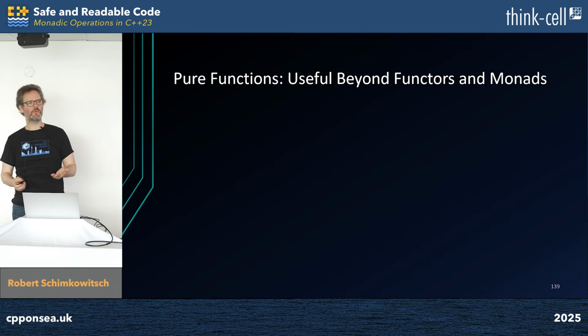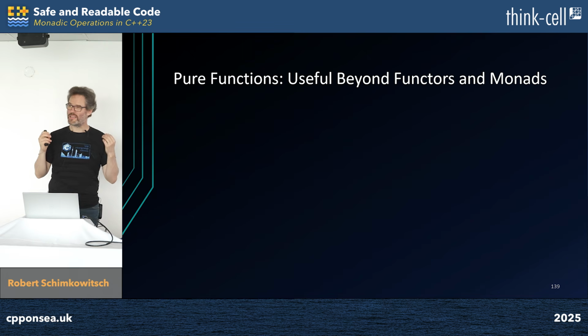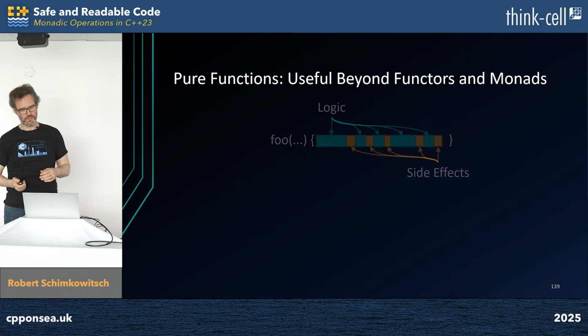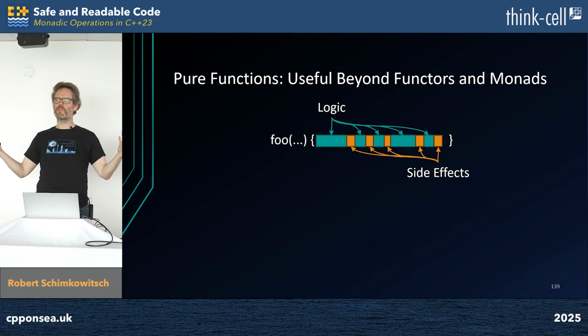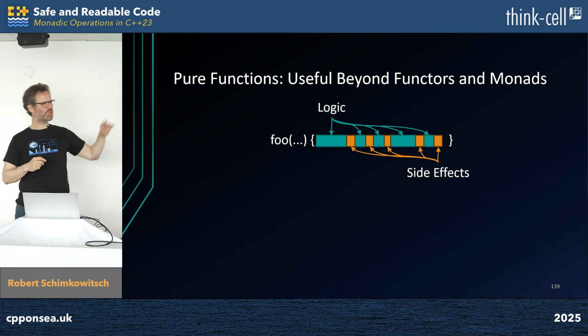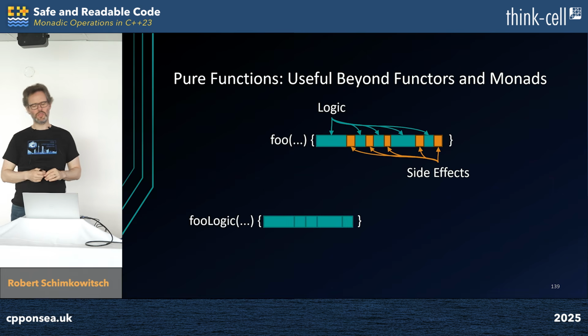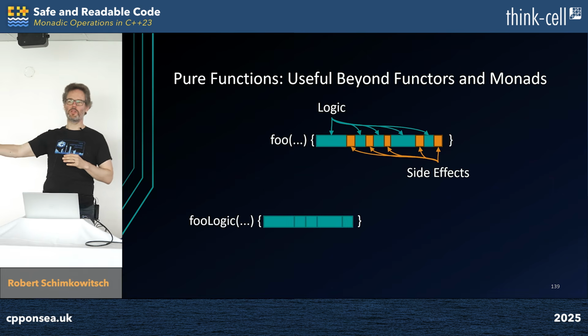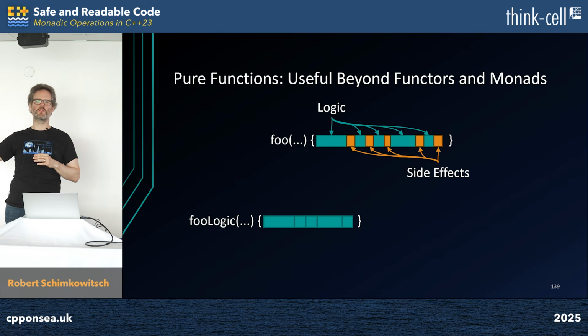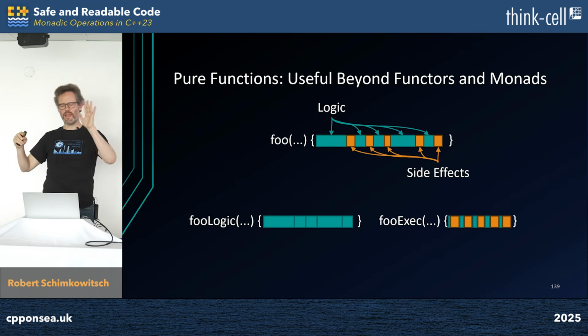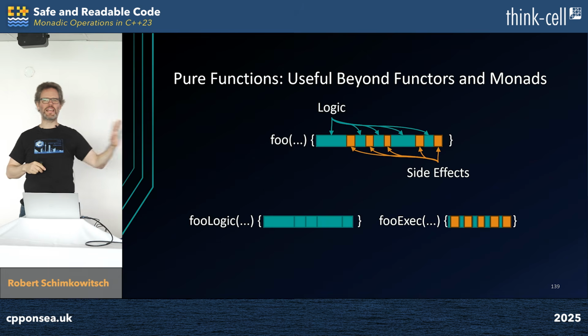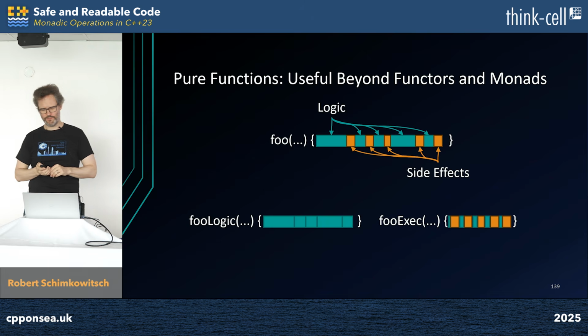Pure functions are useful in combination with functors and monads, but they are also very useful on their own. For example, I have a big function that interleaves complex logic with side effects. This function will typically be really hard to test. What I like to do is separate it out into a pure logic part that has as much of the complexity as possible and a much simpler side-effecty execution part.